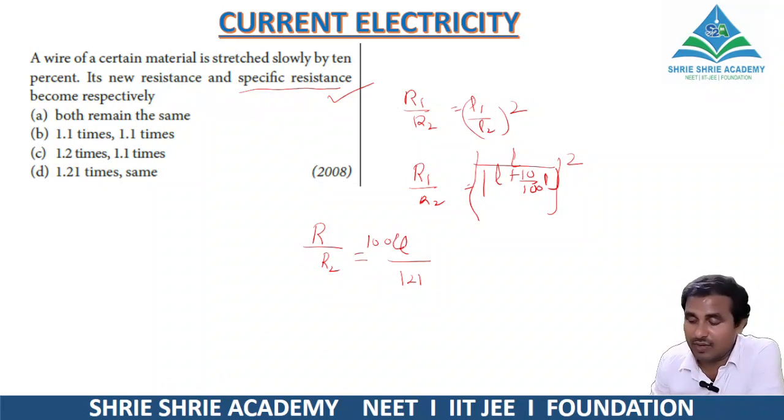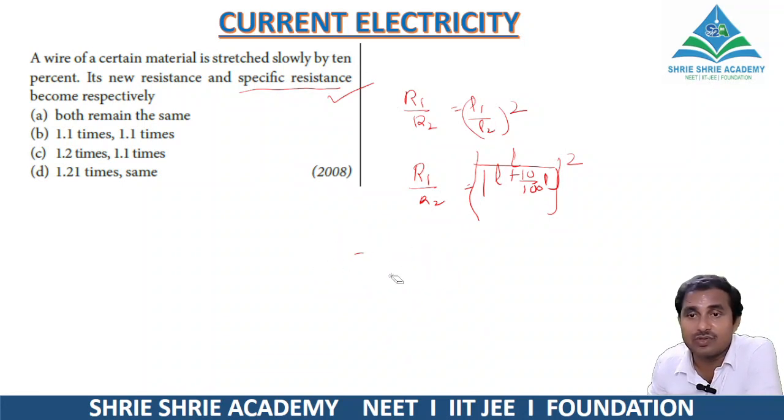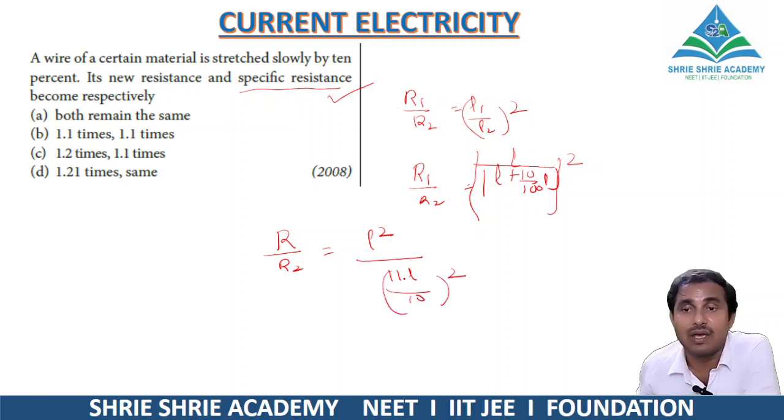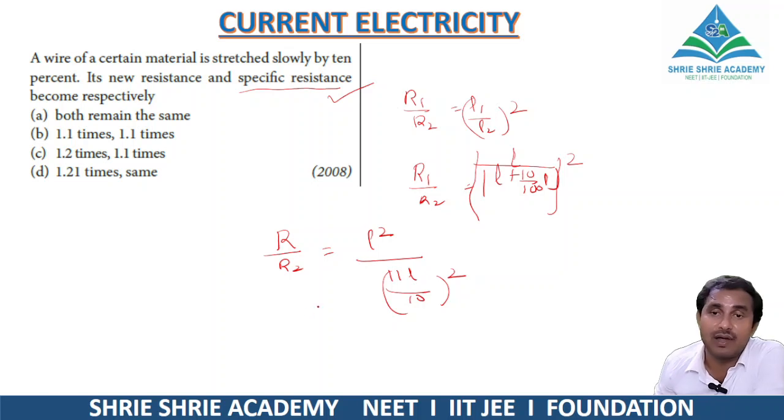Okay, as I am doing directly, for your understanding let us do it step by step. Here first resistance is R, second we don't know. First length is L squared, second is actually 11 L by 10 the whole squared. Then you will get L squared cancelled.